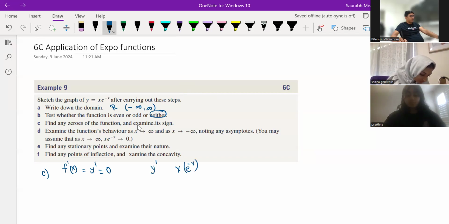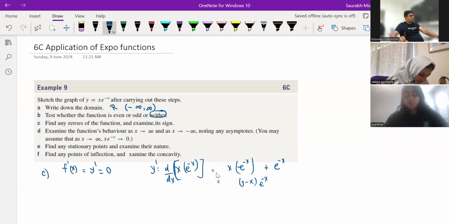So y prime is d/dx, you need to use the product rule, which is first you differentiate, plus e to the power minus x. So basically 1 minus x, e to the power minus x. Is it?